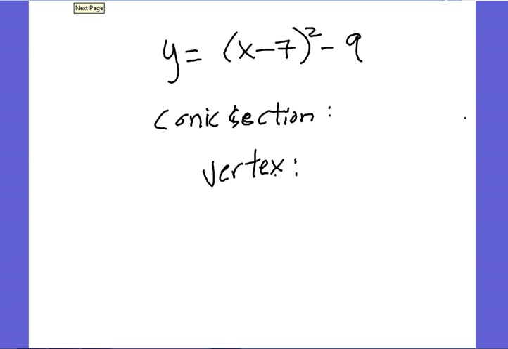Try again. This should be easy too. What is this one? Why? So this one screams parabola because it's y equals. Y is by itself, and then it's equal to something, right? So according to this parabola equation, can you tell me where the vertex is?